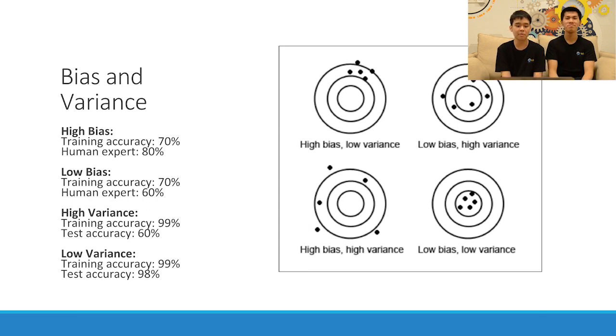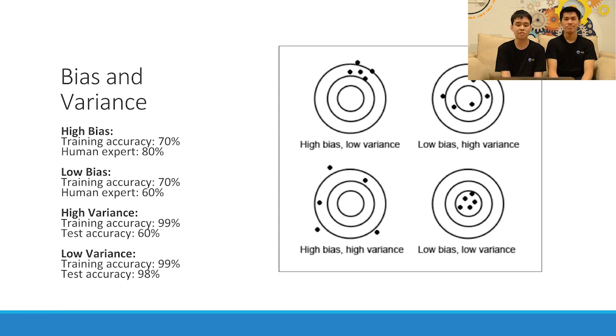Now the next problem. Let's say we already trained our model and it is performing well. It has 99% accuracy. But when you are testing it with new data, which means that the model has never seen this data, it can only achieve 60% accuracy. Why is that? We usually call this problem overfitting.